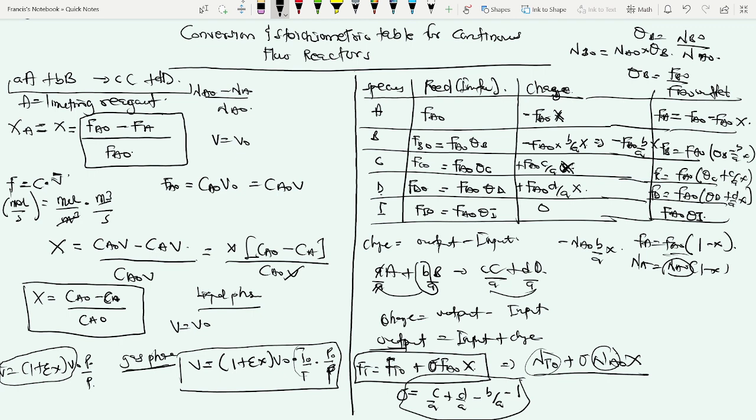So in a situation where we are looking at a reaction which is occurring under isothermal and isobaric conditions, then we will say that our V is equal to 1 plus epsilon x V naught. X is our conversion, right?